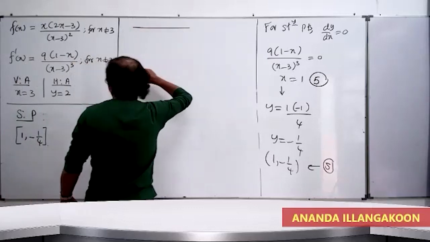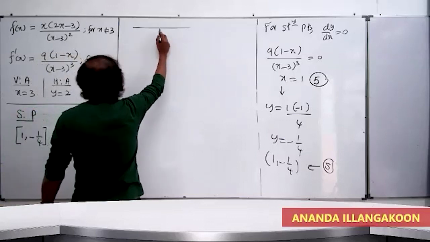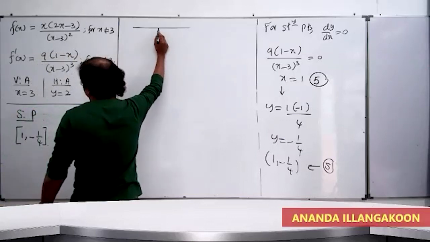First table is: vertical asymptote x equals 3, stationary point 1.